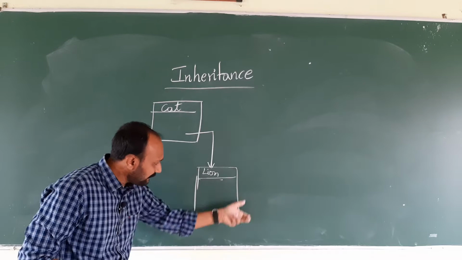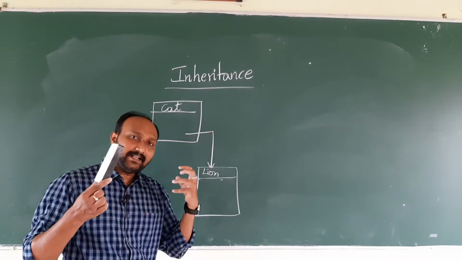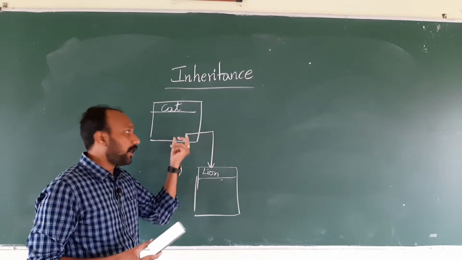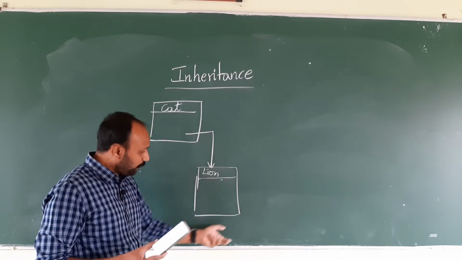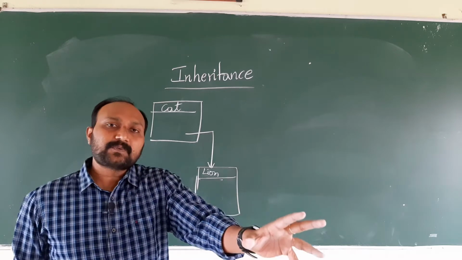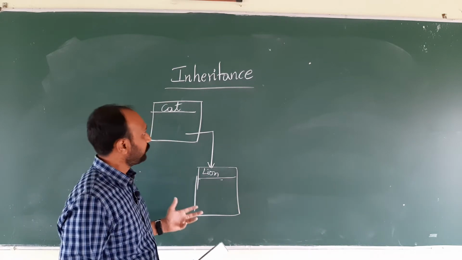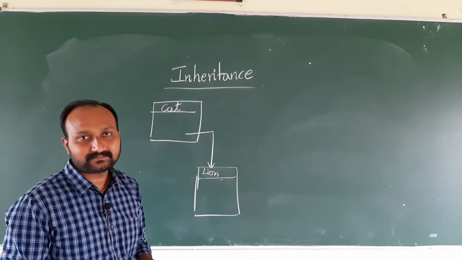At the time of deriving a new class, we can use the existing properties of the base class, or we can also add some more specialities to the new derived class. This is what inheritance is.